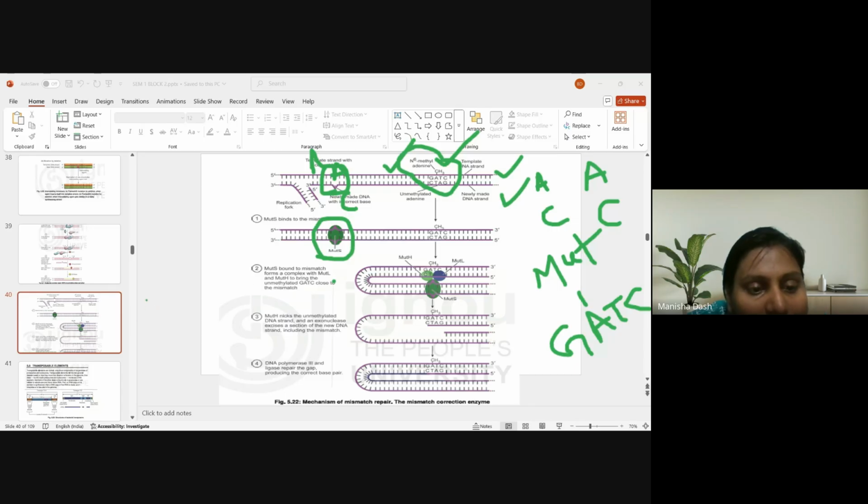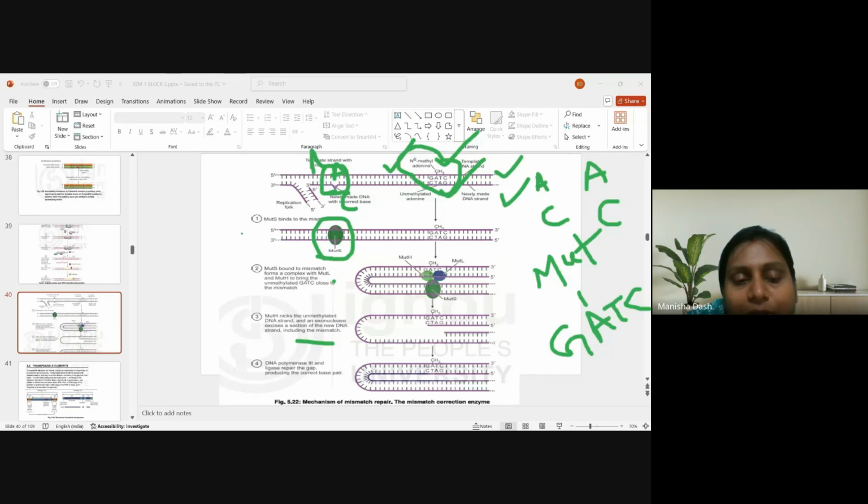Now MutH nicks the unmethylated DNA strand and an exonuclease excises a section of the new DNA strand, including the mismatch. So here this part is made into the form of a loop, the part where there is no methylation at the GATC site.